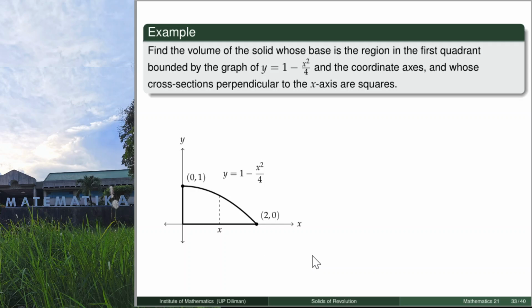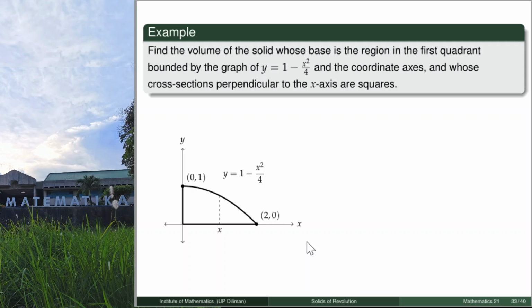Now we see that the interval covered by the solid, if you draw squares here, is from x equals 0 until x equals 2.